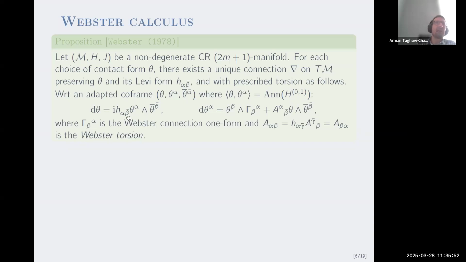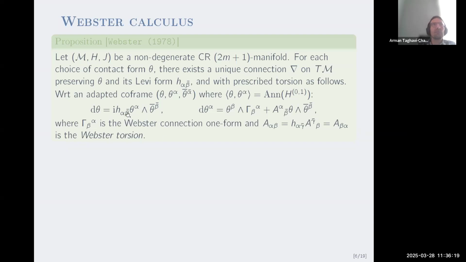By adapted, I mean that d theta can be expressed as the Levi form in such a way that I have a Hermitian matrix of functions that are the components of d theta with respect to this coframe.